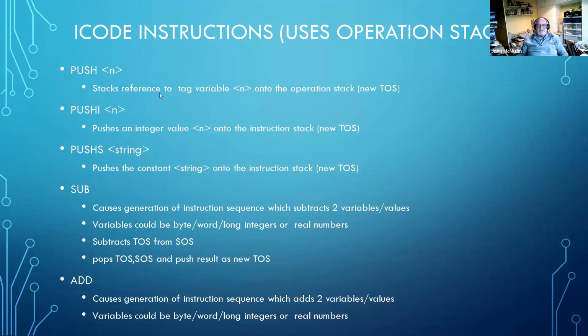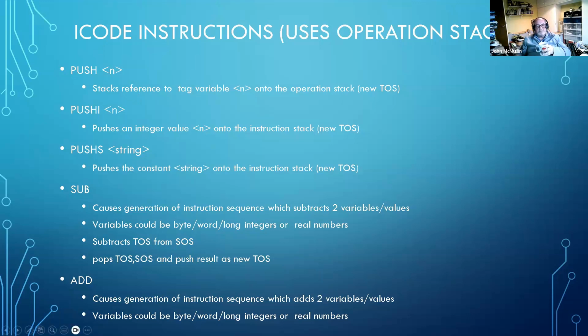It means that we are saying, I'm going to be using this variable, tag n, but I want at some time to allow it to be able to work out where it is going to be in memory, etc.